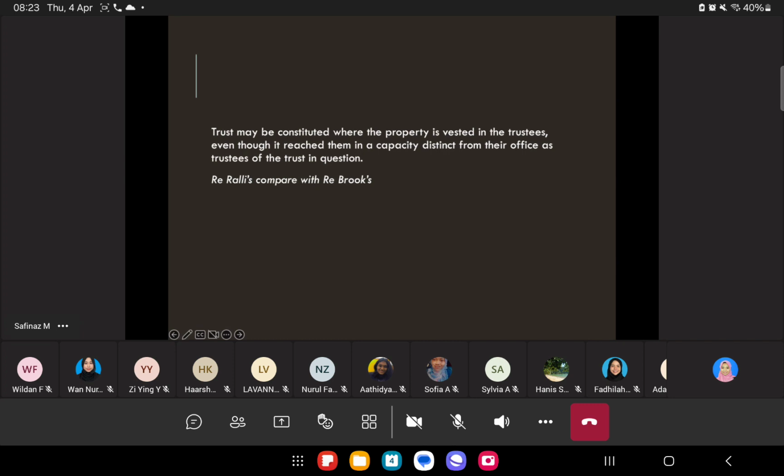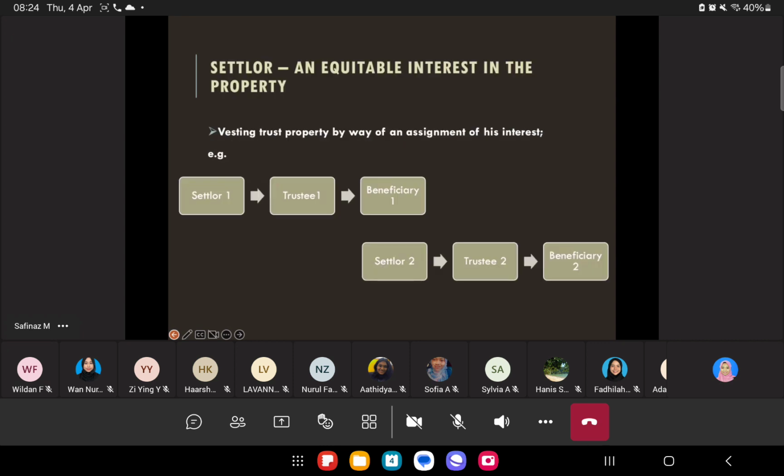Okay, trust may be constituted where the property is vested in the trustees even though it reached them in a capacity different from their office as trustees of the trust in question. Okay, apa maksud dia ni? Sebab kadang-kadang macam contohnya dalam situasi yang kita lihat ni kan, trustee number 1 adalah first trust yang dibuat oleh settlor.